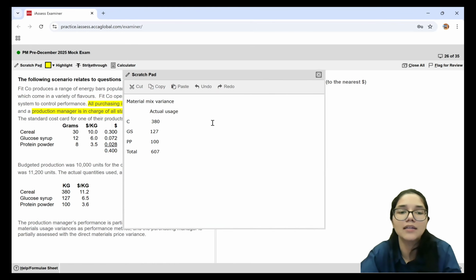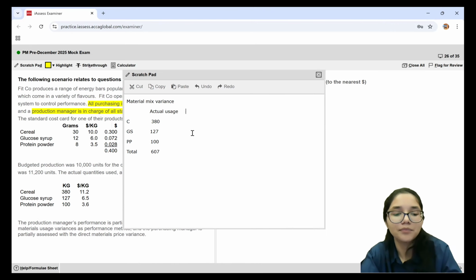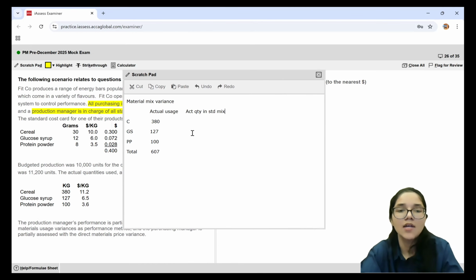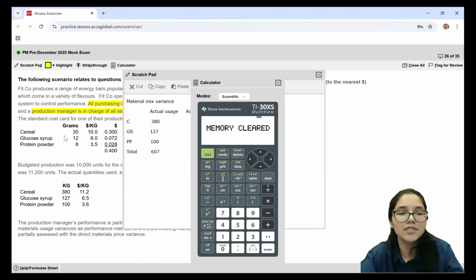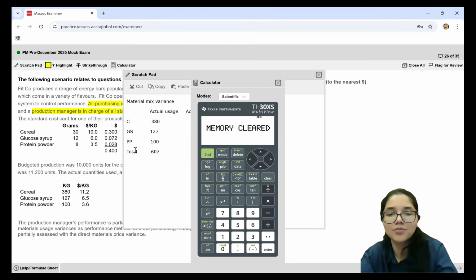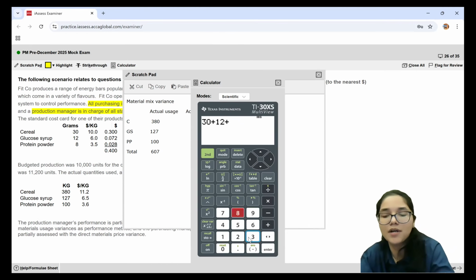Now I want to see that if this was the total material used, as per the standards, how much of the different materials should have actually been used. So I would place this as the actual quantity in the standard mix. So let's see how much I should have used as per the proportions. I'm being told that 30 has to be the cereal, then 12 proportions are for glucose syrup, and protein powder has to be 8.